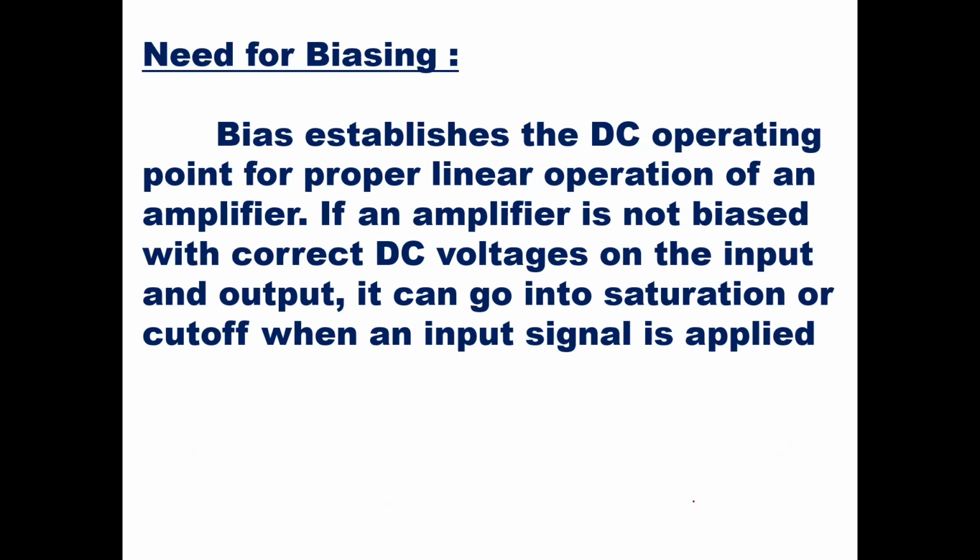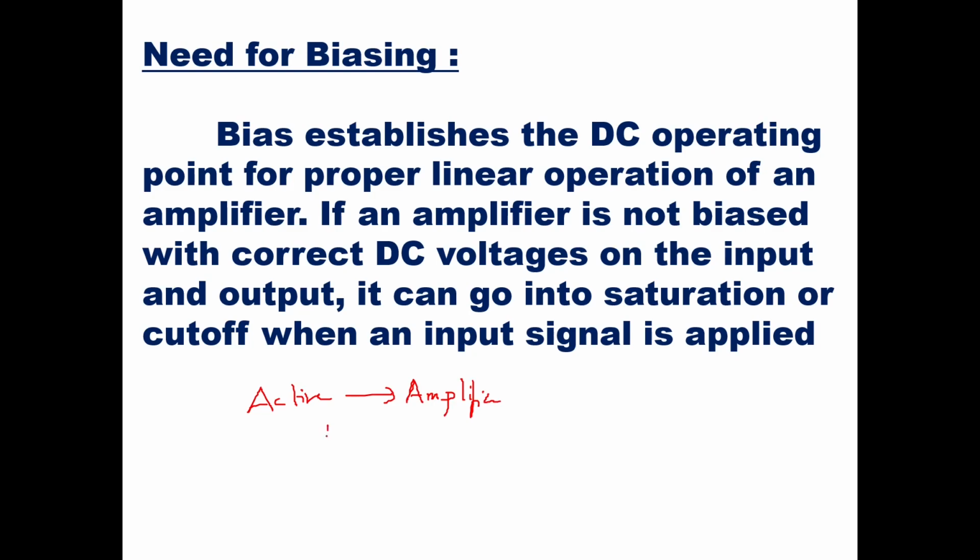Next we'll see why we need this biasing. The answer is in that only. If you want to use the transistor in any of the three regions, whether active, saturation or cutoff, mostly we speak about the active region because I want to use it as an amplifier.